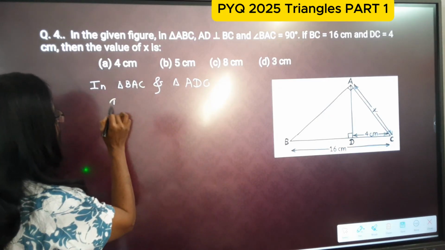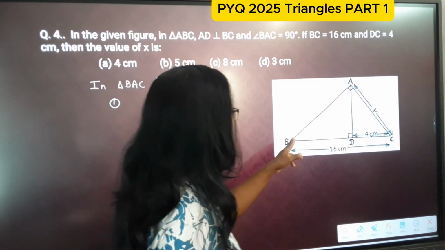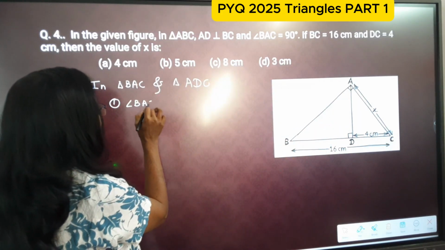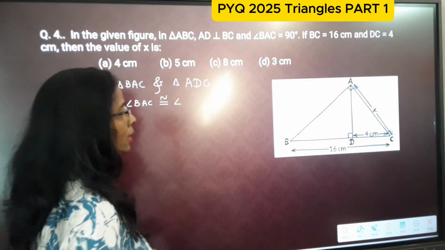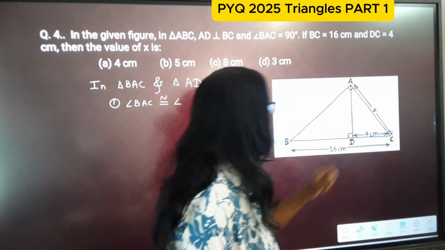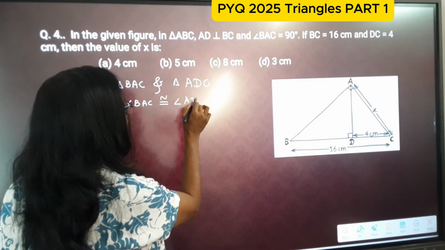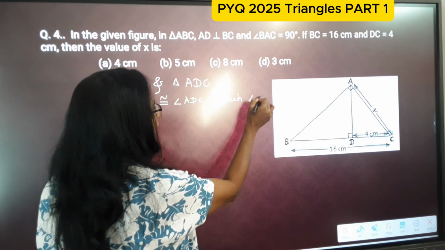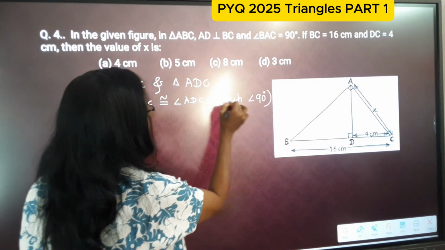So here first we get angle BAC is congruent to angle ADC. And the reason is that each angle is 90 degrees.